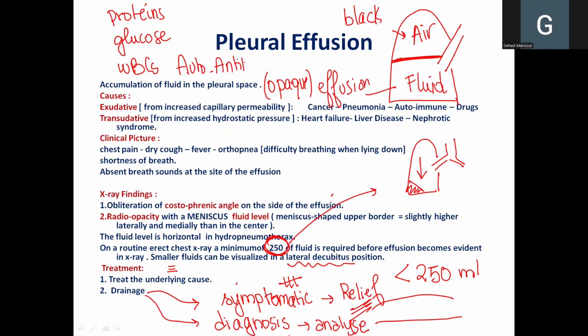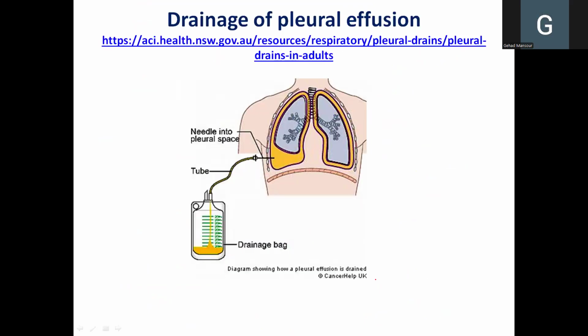You can also analyze it for the famous enzyme that we mentioned, which is the LDH enzyme. Of course, drainage of pleural effusion is important as a symptomatic treatment and as diagnosis, but there are two precautions.